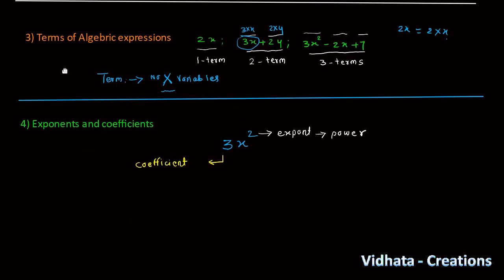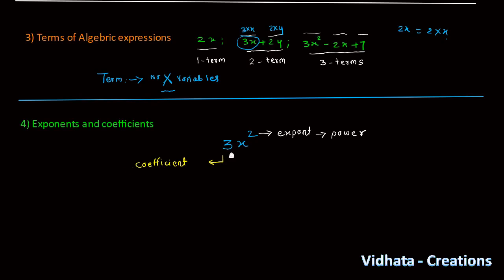This is the difference between algebraic expression and equation. Now, our third concept was term. What is meant by term? The term means when in between numbers and variables there is a relation of only multiplication, then we call it as a term. And our last concept was exponent.